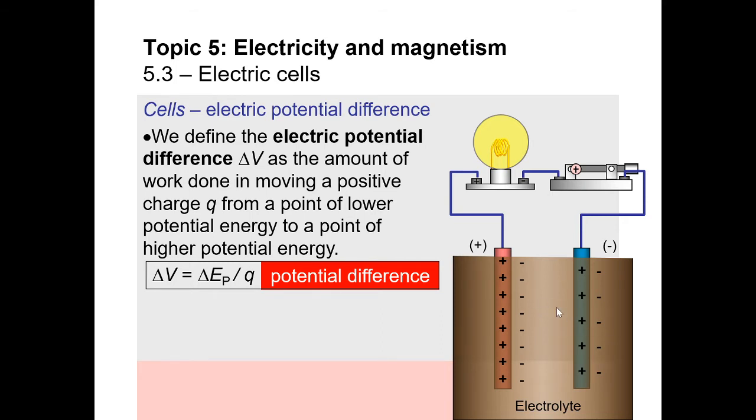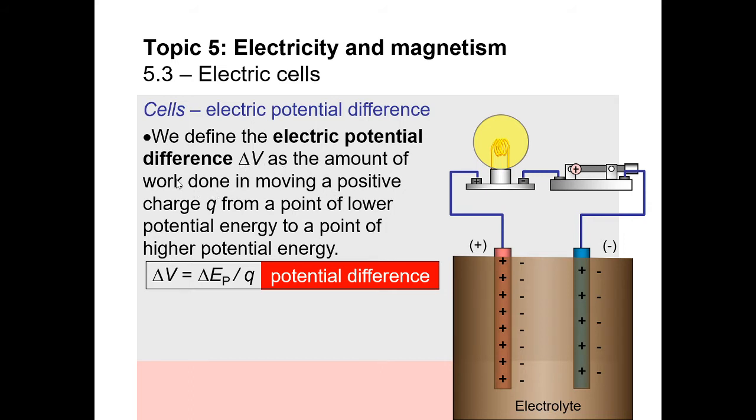The charge is going to move either from high voltage to low voltage, or low voltage to high voltage, or high to low potential, or low to high potential, depending on whether it's a proton or an electron. So when we compare the two spots, we call that a potential difference. What is the difference in voltage between one of these electrodes and the other? That's why we call it delta V, the change in voltage, right?